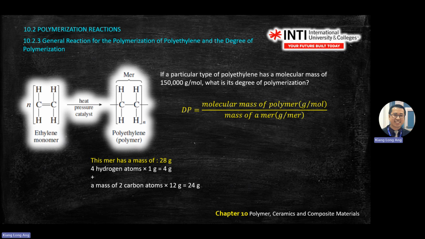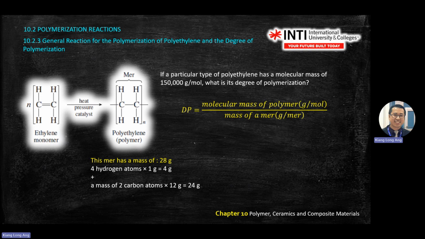So if you are given the molecular mass of the polyethylene, you need to calculate the ethylene monomer, single unit, how many gram per mole? So you already know how to calculate, right, if you're given the periodic table. Of course, carbon, you know, is 12.